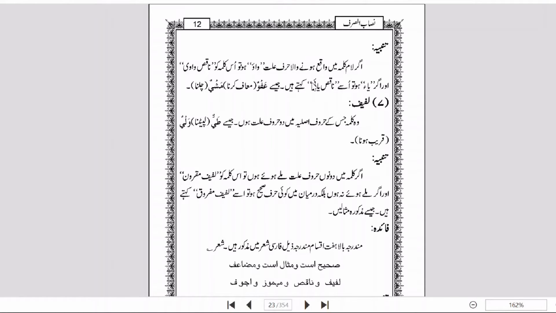If there is waw in the place of the lam kalima, it is known as naqis wawi, and if it is ya, it is known as naqis yayi, like afwun, meaning to forgive. Here, waw is in place of the lam kalima, so this will be known as naqis wawi. And mashun, meaning to walk. Ya is in place of the lam kalima, so this word will be known as naqis yayi.